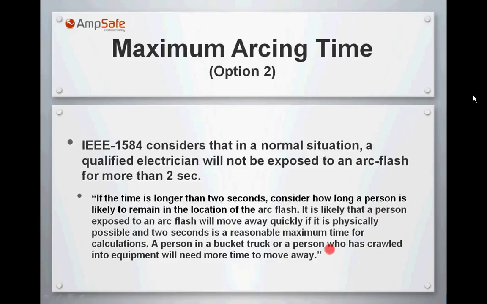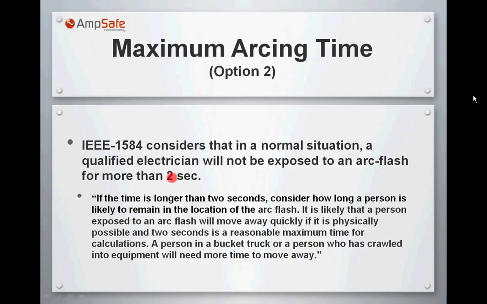So for those circumstances with low arcing current, and therefore long tripping times, you have to consider a maximum, according to IEEE, of 2 seconds, okay?